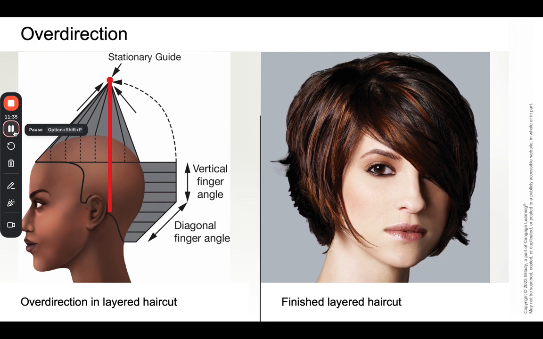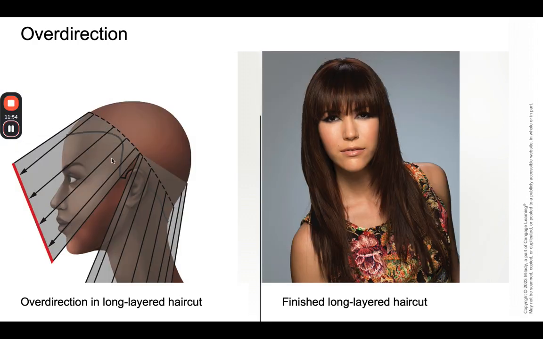You can overdirect the sections to a stationary guideline at the back of the ear, or if you are creating a haircut with shorter layers around the face and longer layers in the back, you can overdirect sections to a stationary guideline at the front. As you can see here, combing the hair towards the face or away from the face would be considered overdirection.